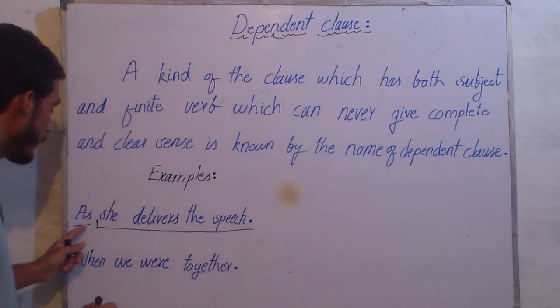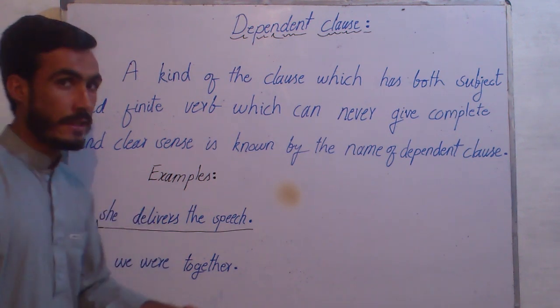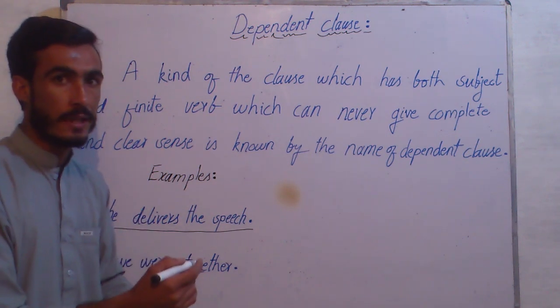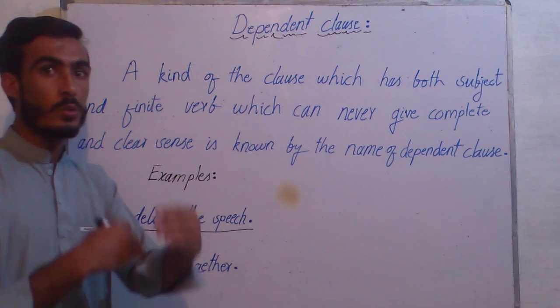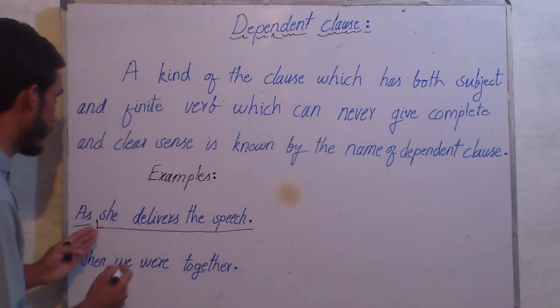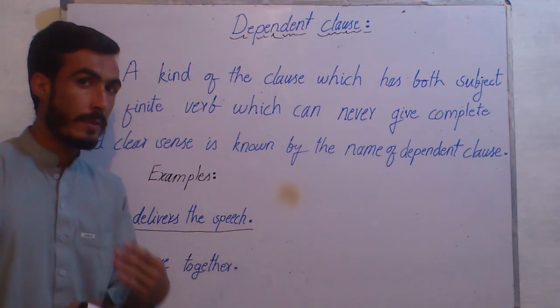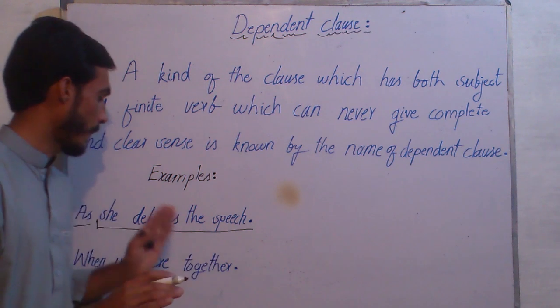But as we connect a subordinating conjunction with the independent clause, then the independent clause is converted into a dependent clause. Then it will be a dependent clause, such as here it is, as she delivers the speech. So what happens? Now it is not mentioned.